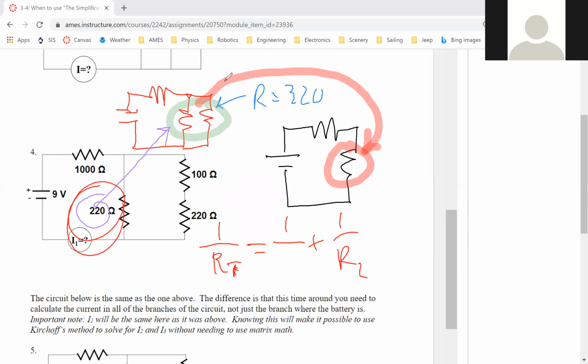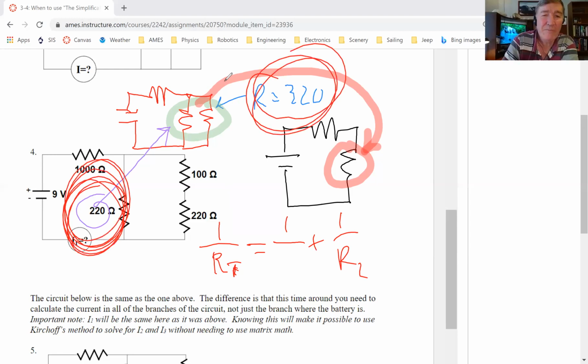One of them is 220, and the other one is 320. Okay, so Dallas, I want you to type that in your calculator and tell me what you get. What is 1 divided by 220 plus 1 divided by 320?